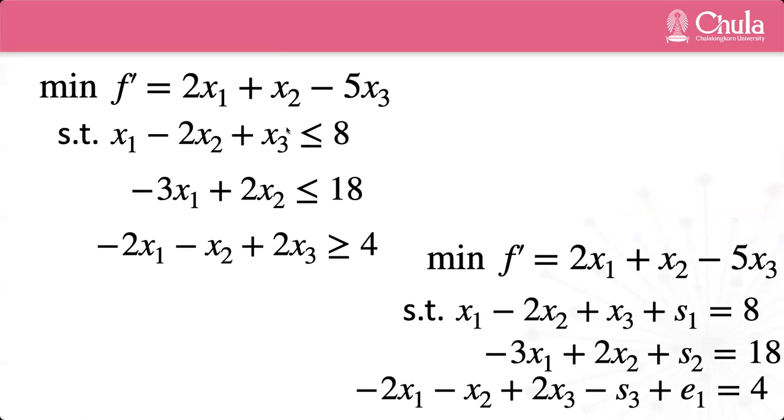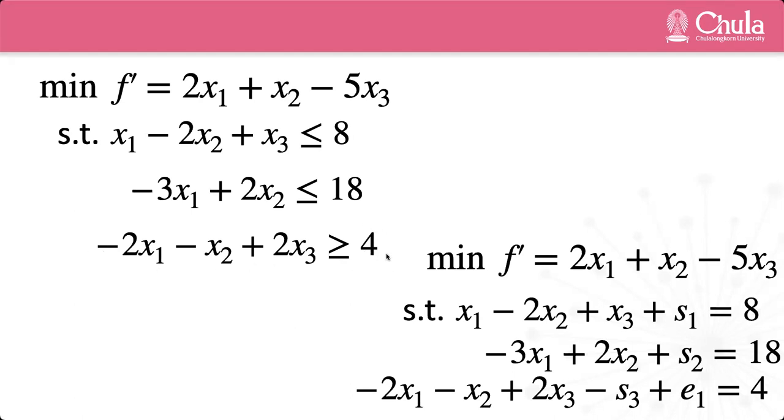For the first constraint, because we have a non-negative right hand side already, just plus s1 is enough. And for this one, again, just plus s2. Add the slack variable. But the second one, you see that we arranged this one already.